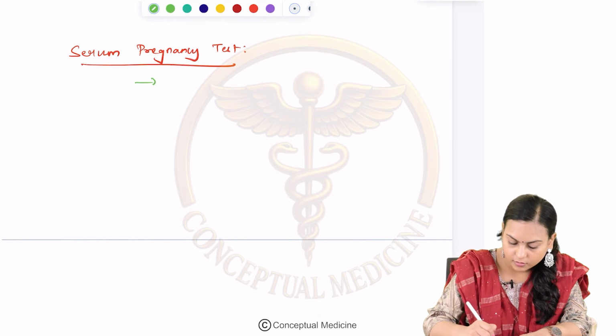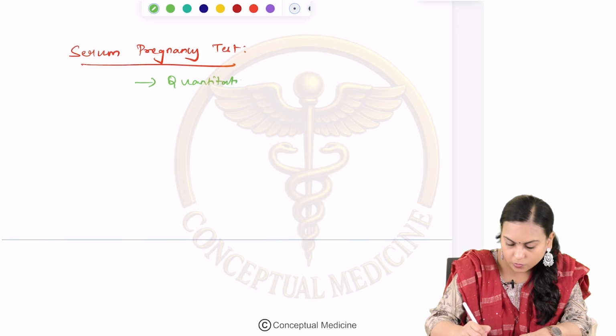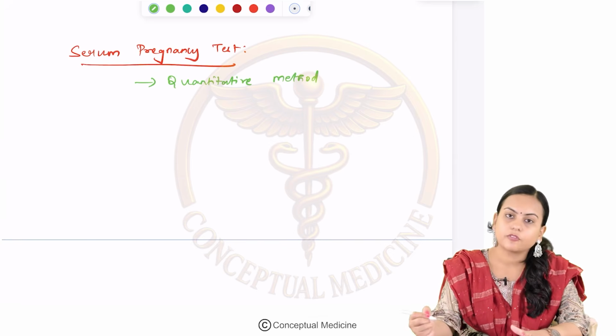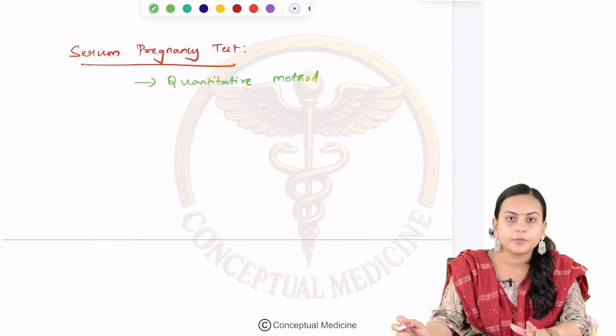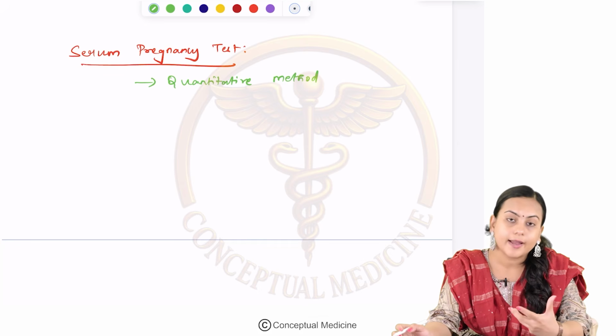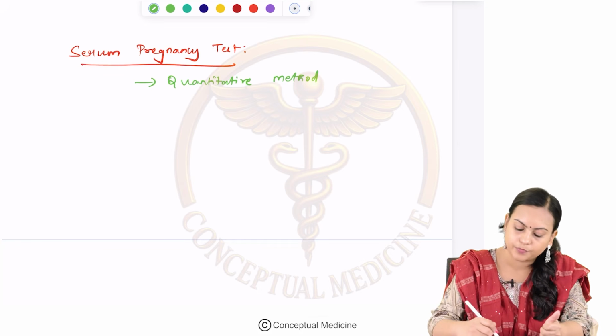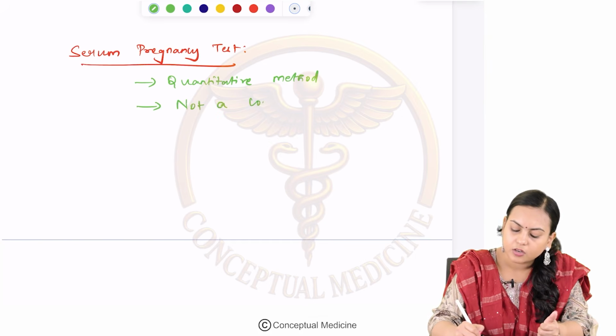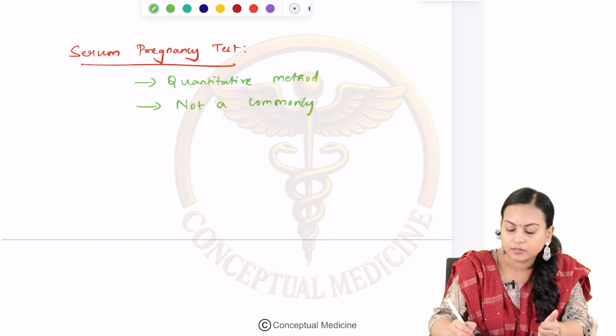This is a quantitative method of assessment of beta HCG, because we will be measuring how much HCG is present. Okay, and this is not a commonly done method.